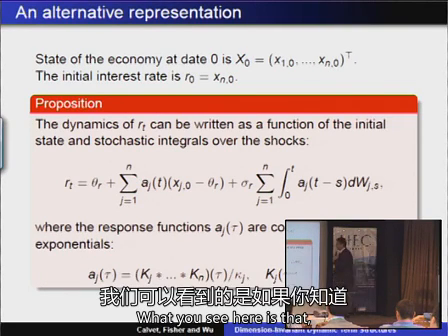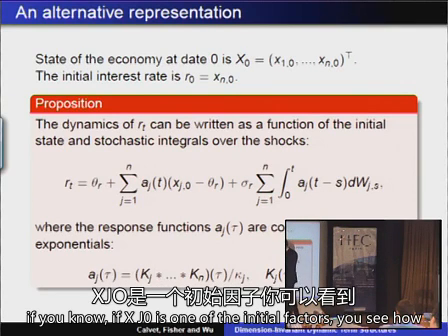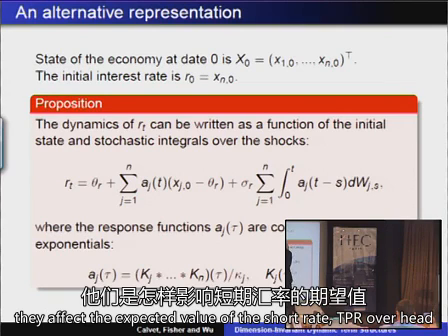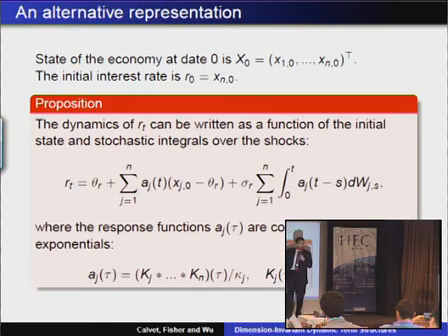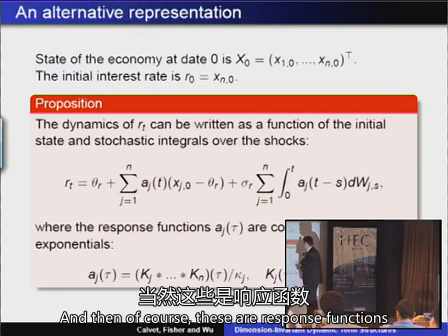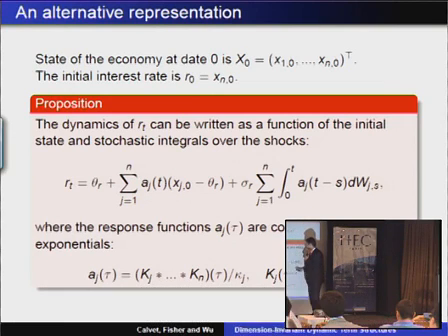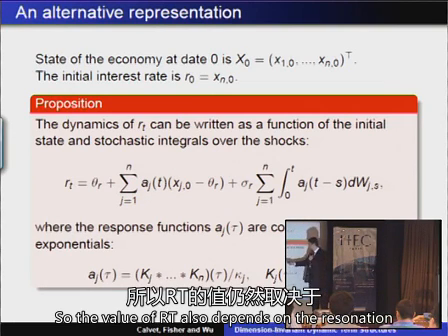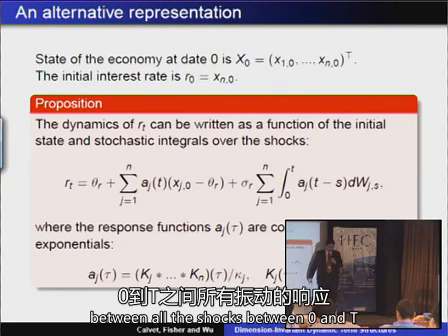What you see here is that, if xj naughts are the initial factors, you see the expected value of the short rate t periods ahead. And then, of course, these are response functions. So the value of RT also depends on the realization of all the shocks between 0 and t.